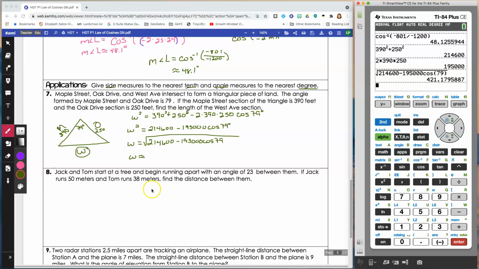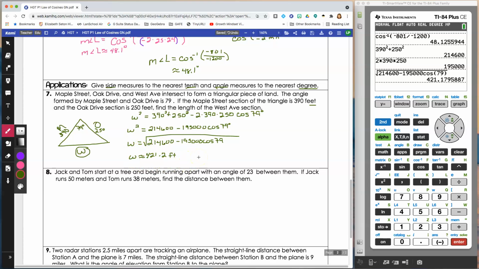We find out that the length of West Avenue is approximately, right? The 7 in the hundreds place will round the 1 in the tenths place up to a 2. So it's approximately 421.2 feet. We were given our units are in feet, so we do have to give the units for our answer.